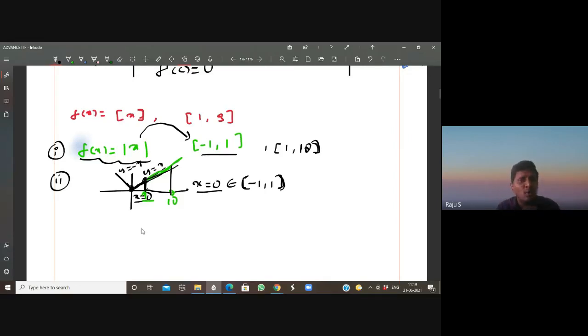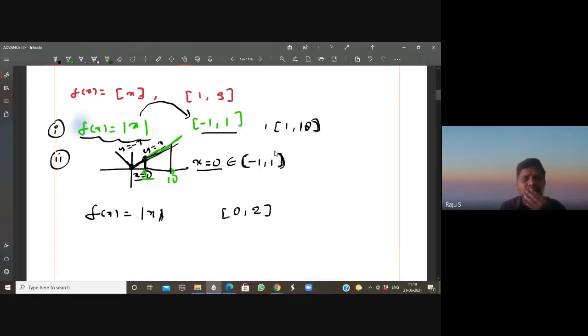But differentiable, no need to check at endpoints. For example, if I take the same function f of x is equal to modulus x, I want to check whether it is differentiable in the interval 0 to 2 or not. Now, is it differentiable among 0 to 2? Same function I'm taking here. Is it differentiable?